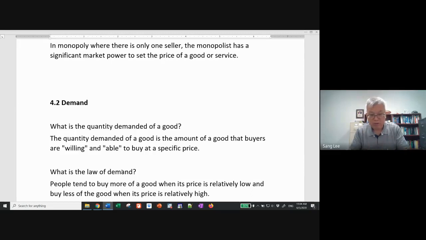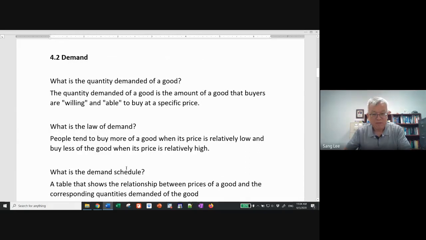Now, here we have a couple of very important keywords. The quantity demanded of a good is the amount of a good that buyers are willing and able to buy at a specific price. So here, two keywords: willing and able. That means, first, you buy something that you are interested in. So willing.